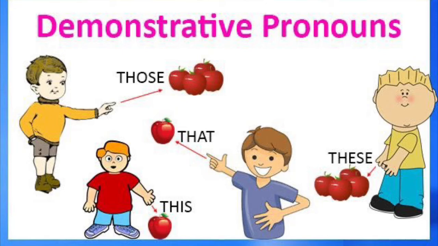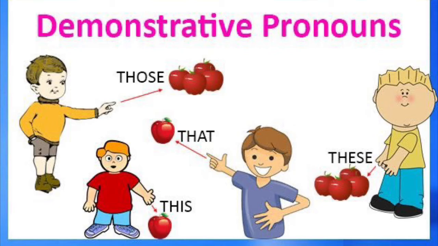If the thing is far, like you can see with the help of the arrow, we are going to use that for singular, those for plural. Please understand this. If the thing is near and singular, we use this.